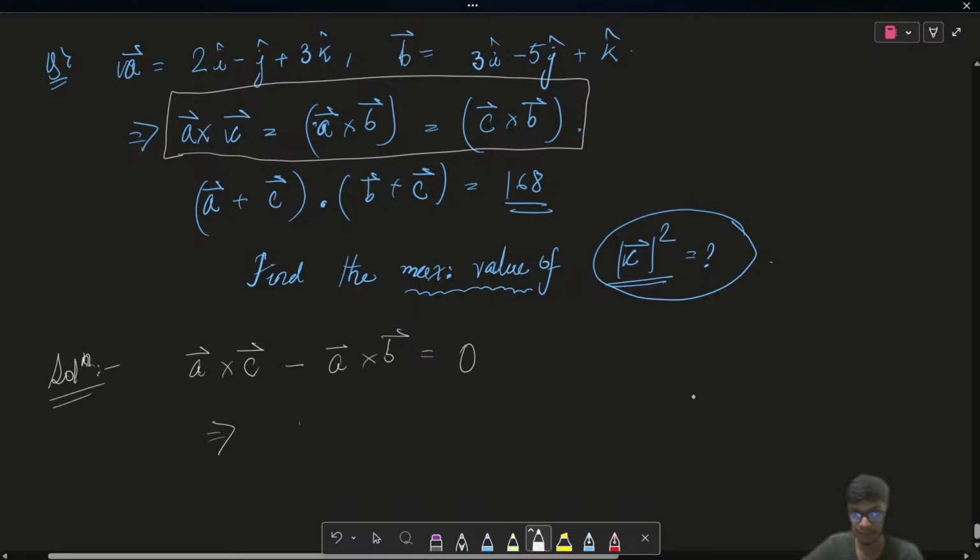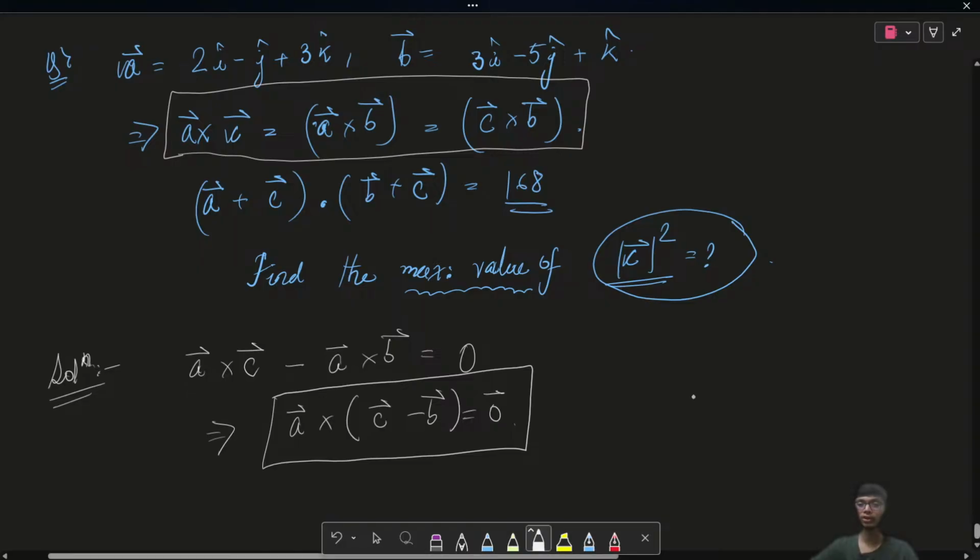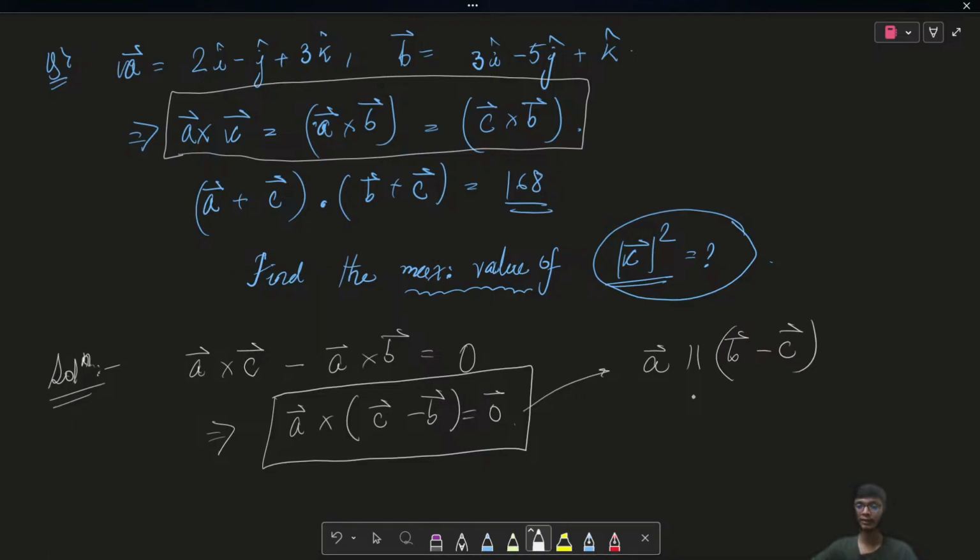So therefore I can take a vector common, and a cross c minus b vector is equal to 0 vector. What do we mean when the cross product comes out to be 0 vector? That basically means that these two vectors are parallel. So I can write over here that a vector is parallel to b vector minus c vector.